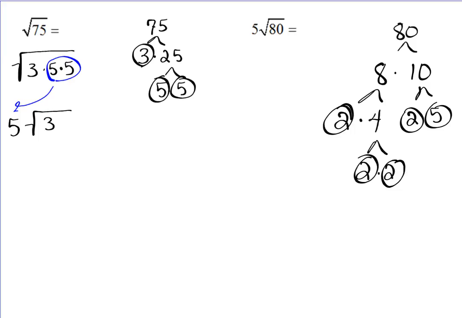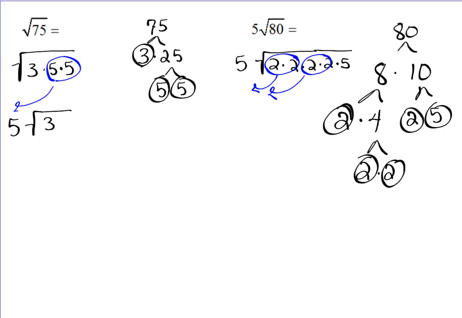Okay, so the square root of 80, I'm not going to forget to put my 5 on the outside, is 2 times 2 times 2 times 2 times 5. I group my perfect groups of 2. Each one of those gets to come on the outside.